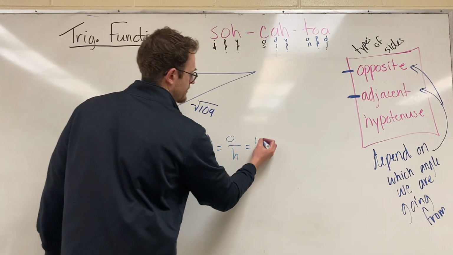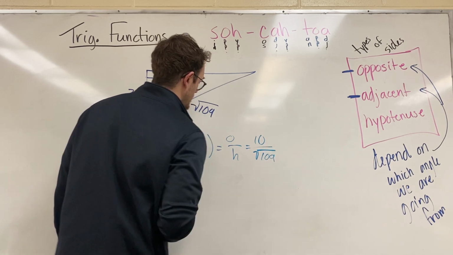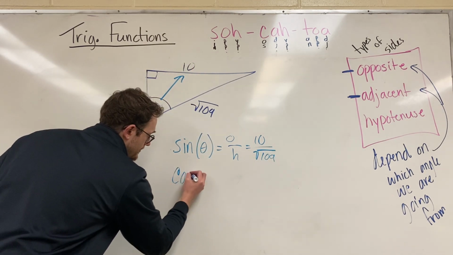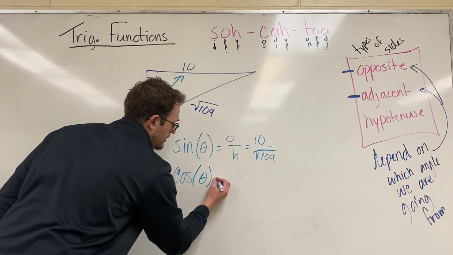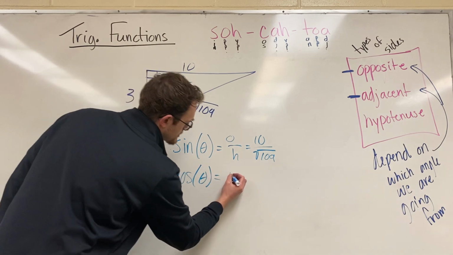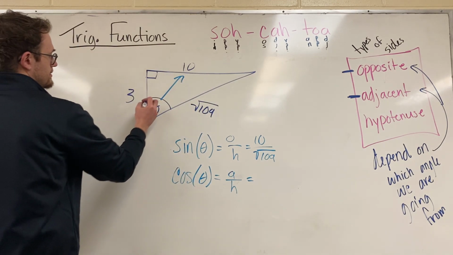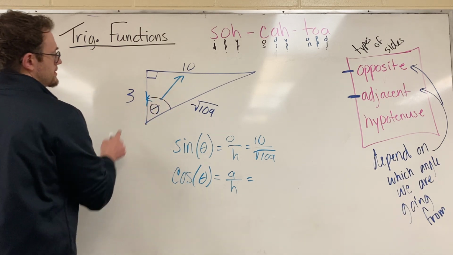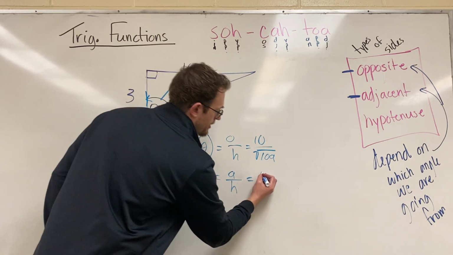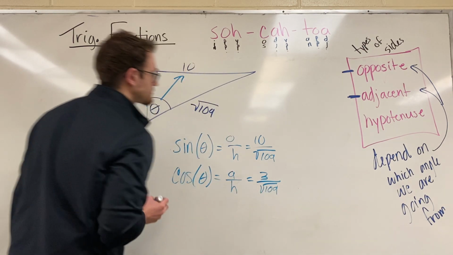So 10 over the square root of 109. All right, cosine of that angle equals adjacent over hypotenuse, equals adjacent, right? We're touching right there, so this is adjacent. 3 over the square root of 109.